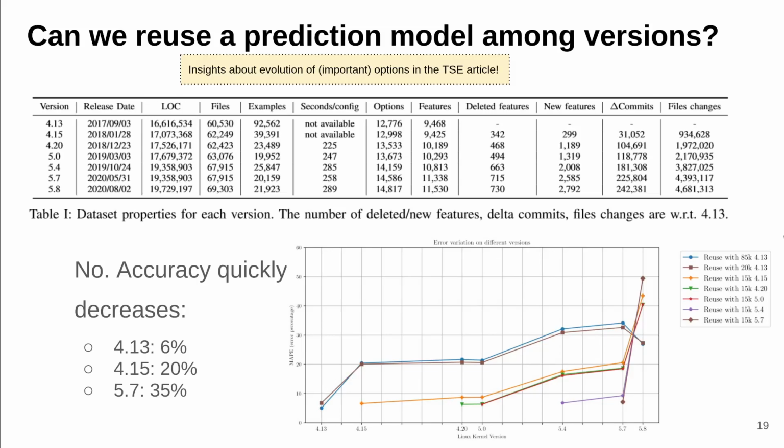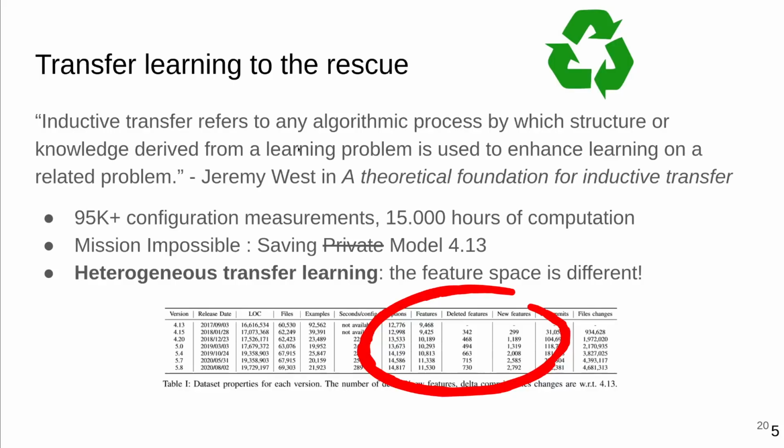Well, that's quite sad, because we invested a lot of budget here to build it. So for tackling this problem, we propose to rely on transfer learning and to adapt transfer learning to the case of configurable systems. And the specificity of our problem here is that the feature space is different.